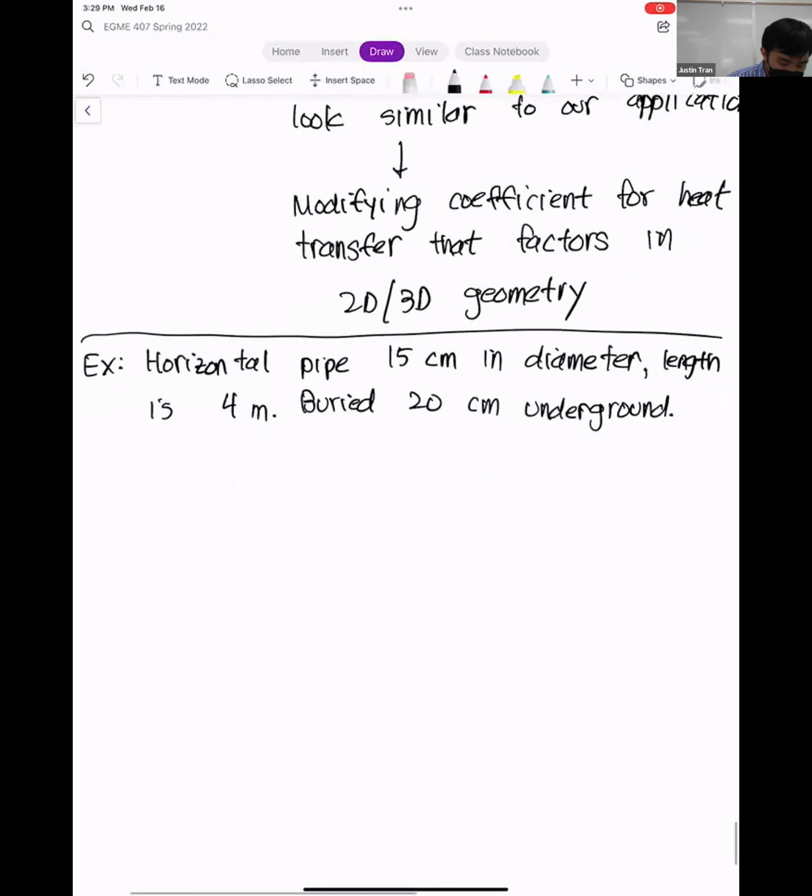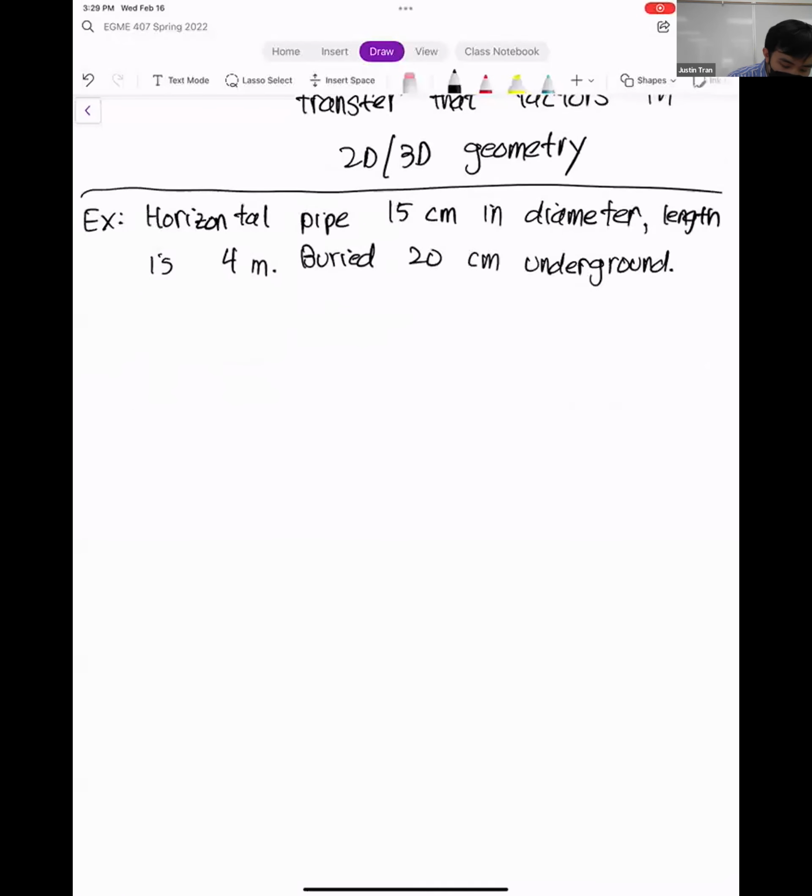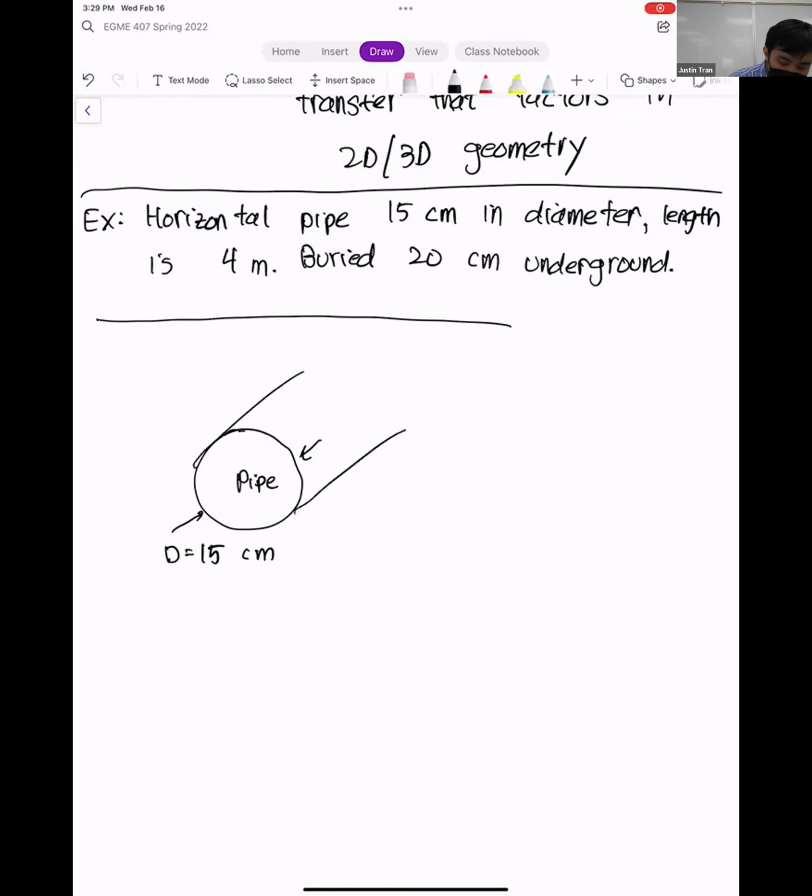Visually it looks something like this. We have the earth right here, and underneath the earth we have our pipe. The diameter of this pipe is 15 centimeters. The length of the pipe is 4 meters, and you can think of it as extending into the page.